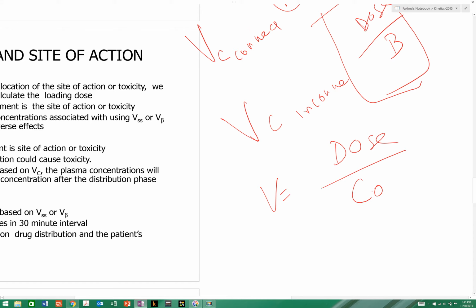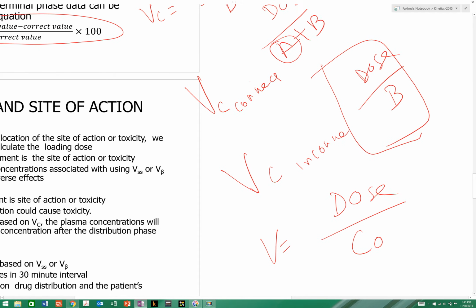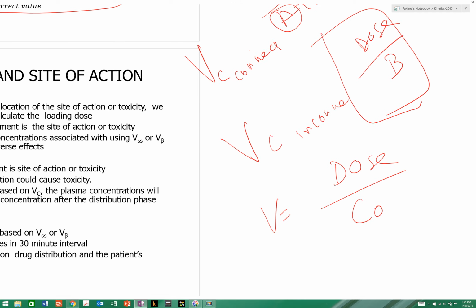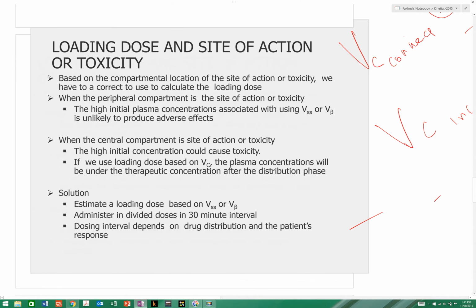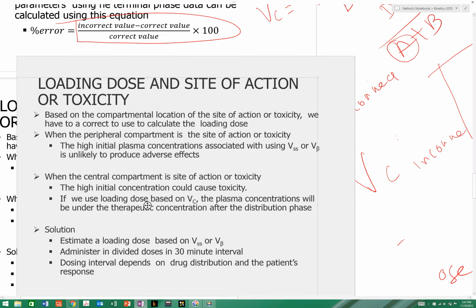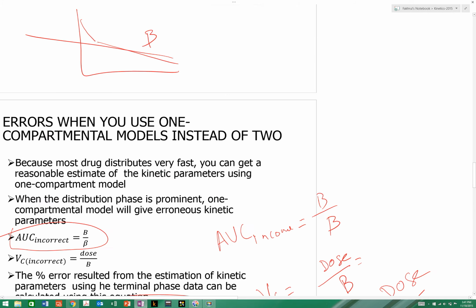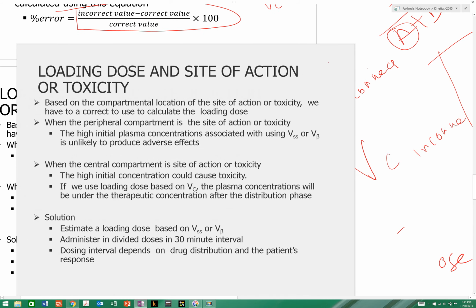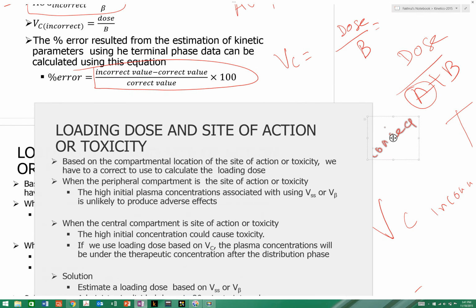So now if you have an incorrect volume of distribution, for example, you use this volume of distribution which is going to be larger, your dose is going to be high because of V times C. So your loading dose is going to be high in case of incorrect distribution. So all this I was trying to explain, what's happening here. Let's close this.